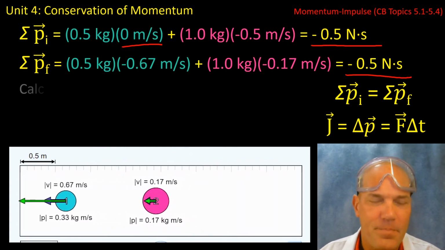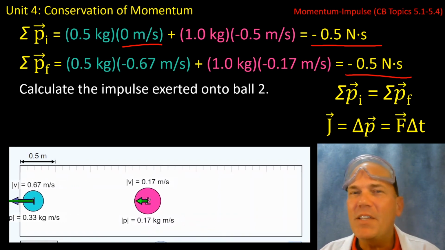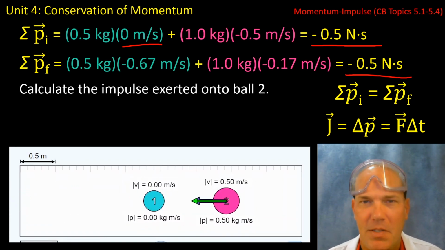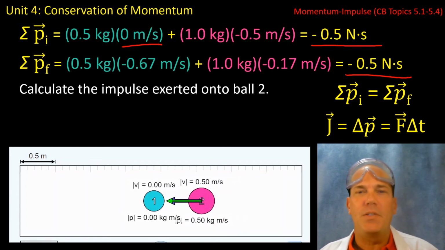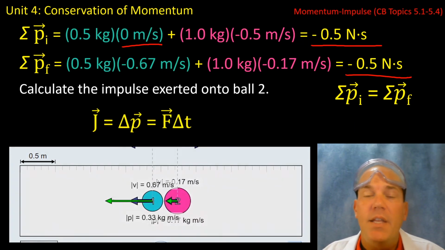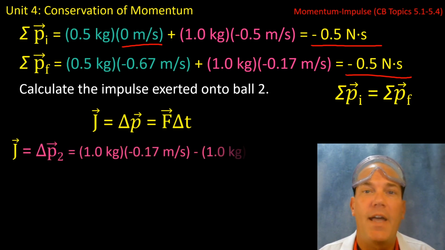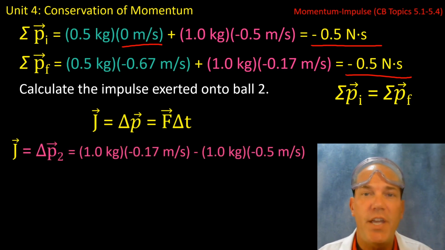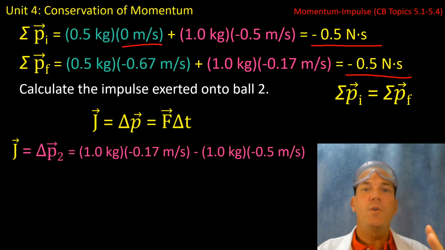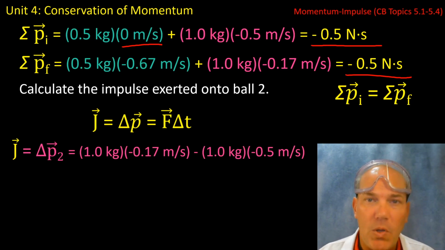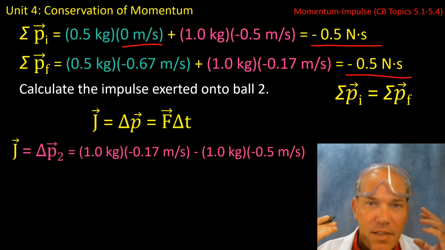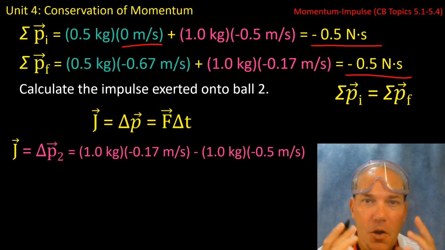Let's calculate the impulse exerted onto ball 2. Let's go ahead and plug in the values for the magenta ball to find its change in momentum, which would be the impulse exerted upon the magenta ball only.